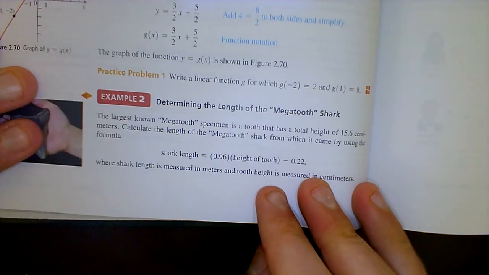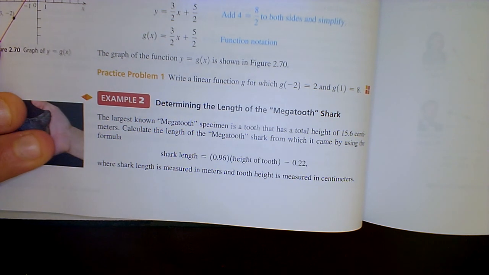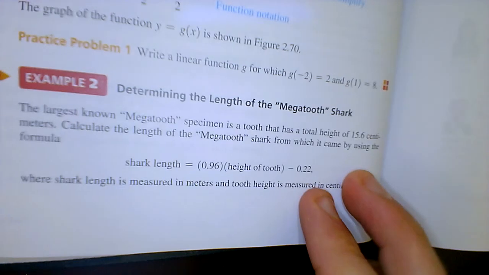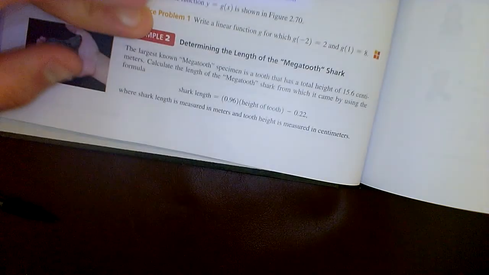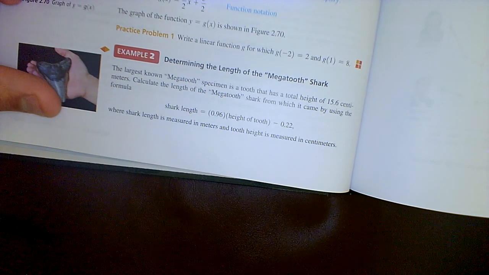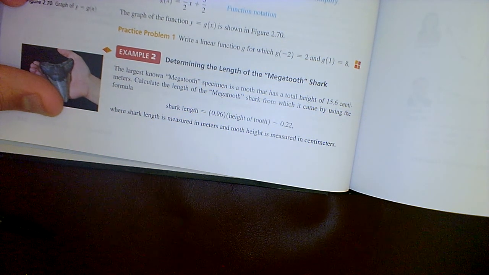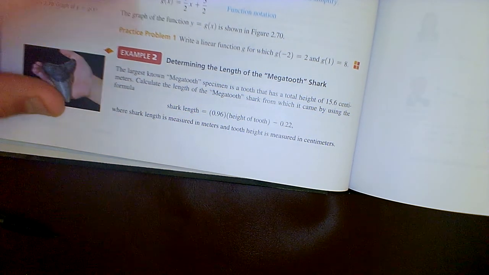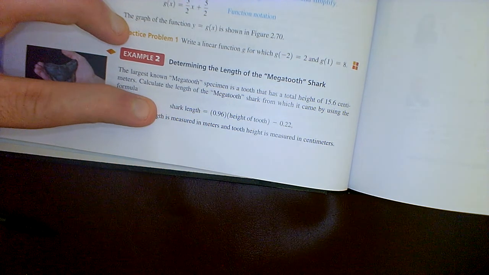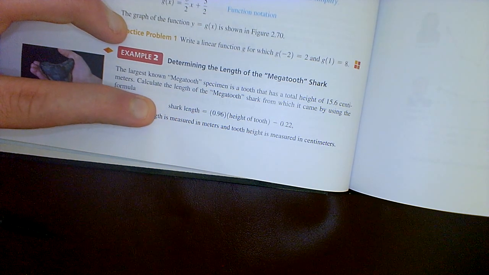We have the largest known megatooth specimen is a tooth that has a total height of 15.6 centimeters. Calculate the length of the megatooth shark from which it came by using the formula: shark length equals 0.96 times the height of the tooth minus 0.22.